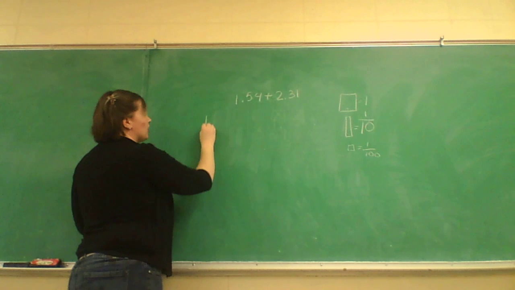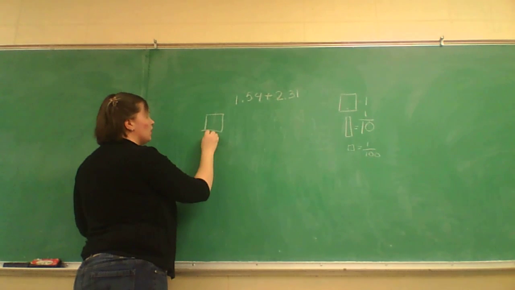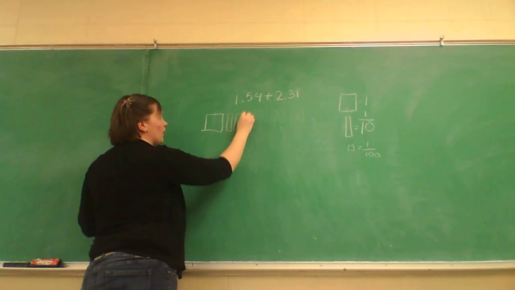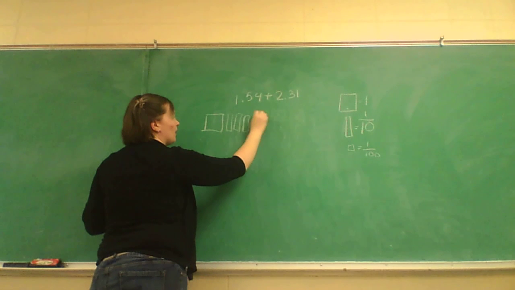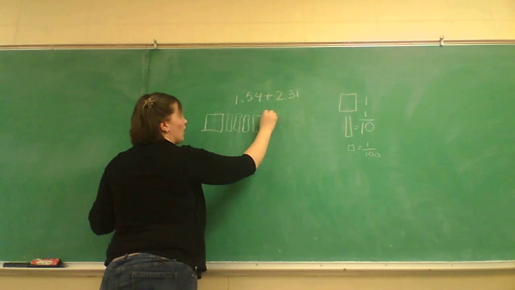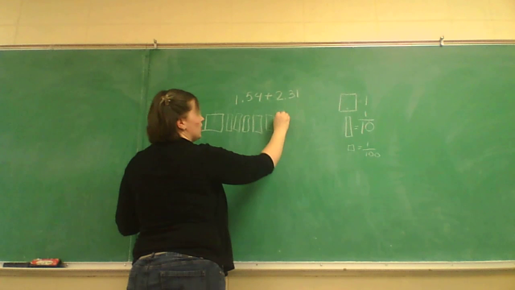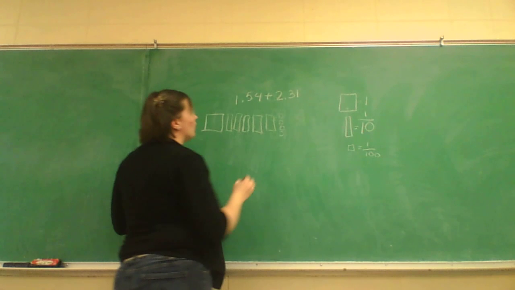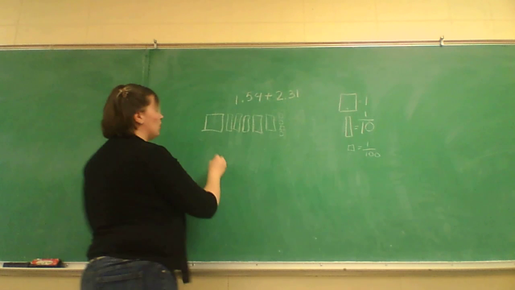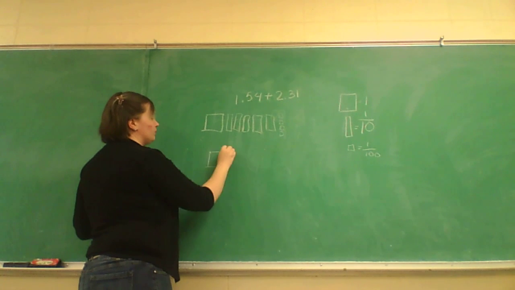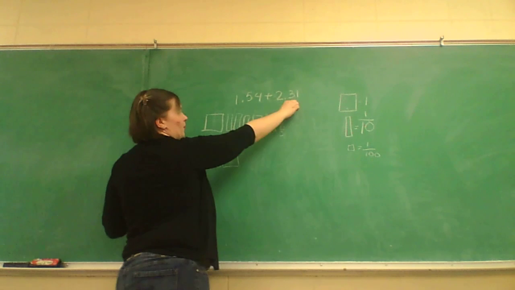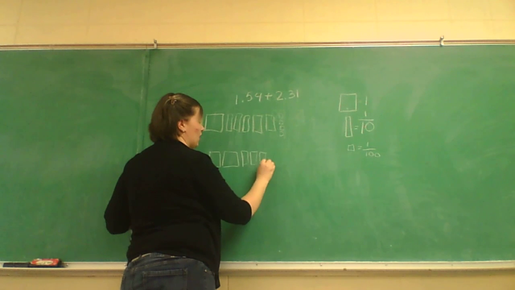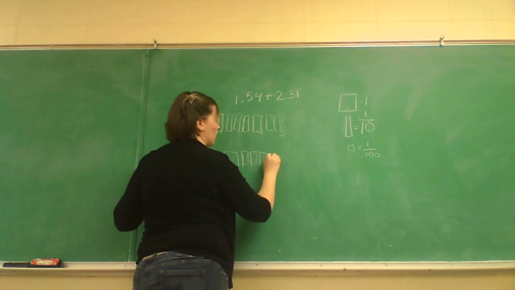So we're going to start with this, and we have 1 whole plus 5 tenths, so we have 5 rods, and we have 4 units. And then we have 2 wholes plus 3 rods for our tenths place, and 1 unit for our hundredths place.